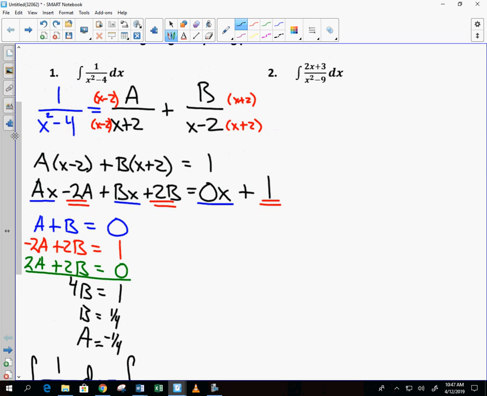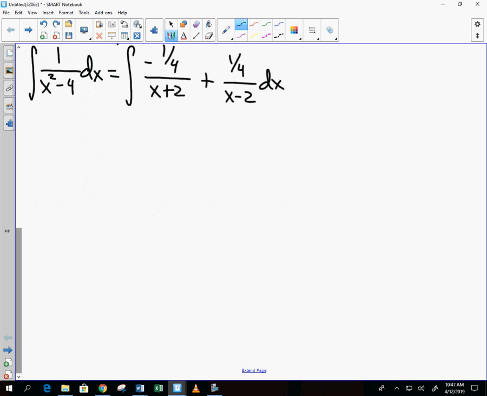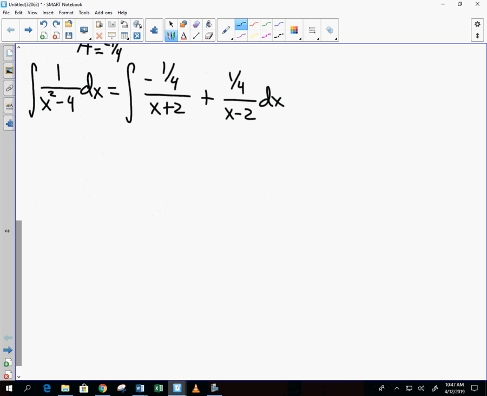Instead of A, I'm going to have negative 1/4 over x plus 2 plus B, which is 1/4 over x minus 2 dx. So the question is, can we find that integral?